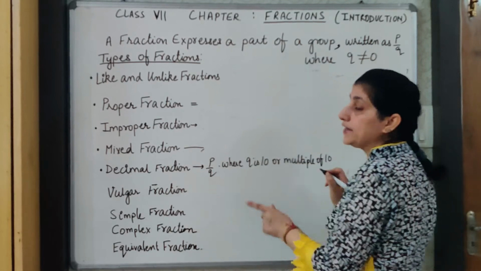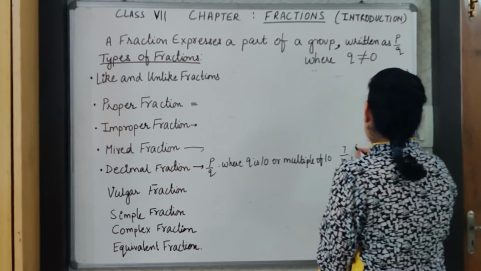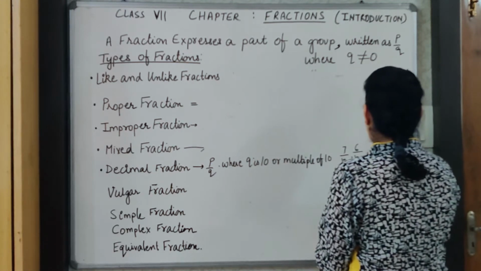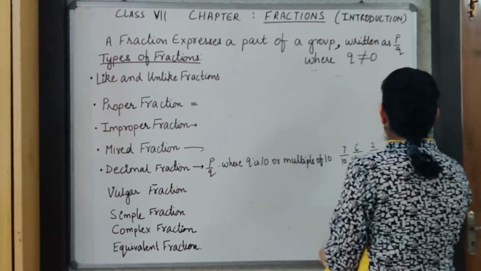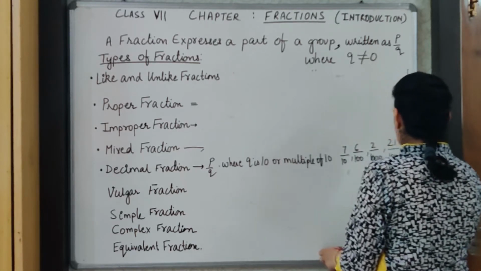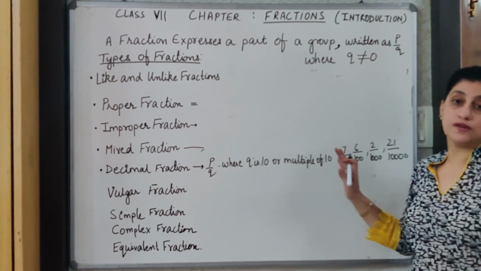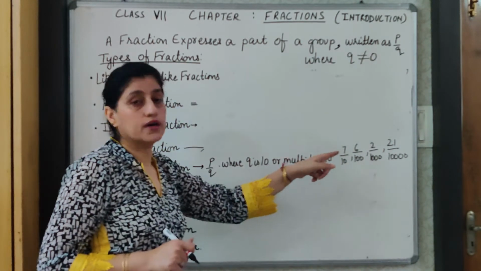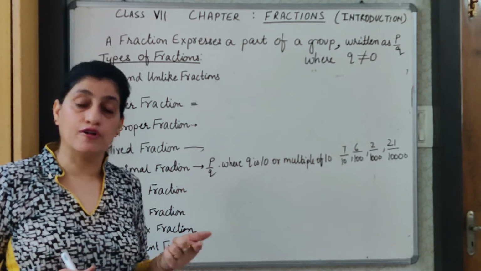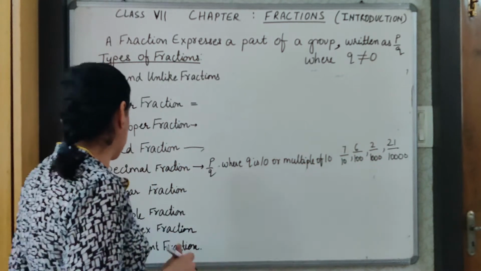So whenever my denominator is like 7 upon 10, 6 upon 100, 2 upon 1000, 21 upon 10,000, like this, all such numbers are called decimal fractions. The denominator needs to be 10 or a multiple or any power of 10. Such fractions are called decimal fractions.